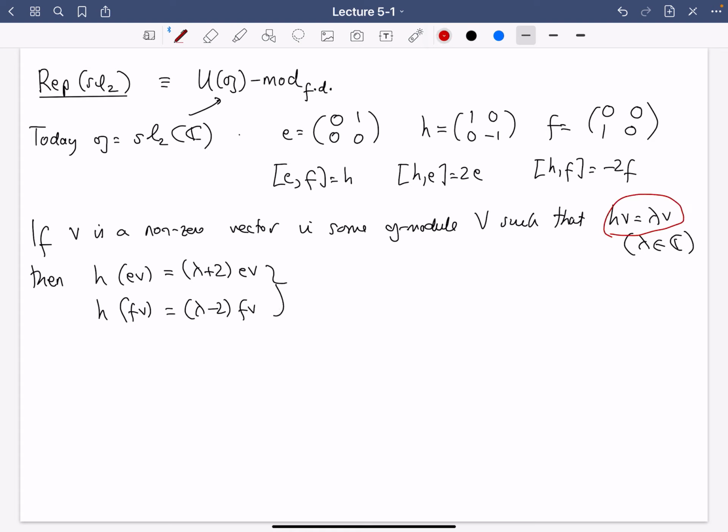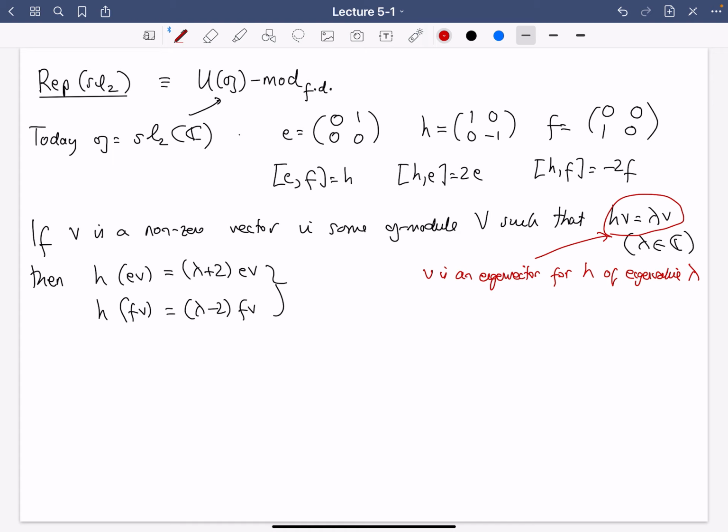Because this is just the equation to say that V is an eigenvector for H of eigenvalue lambda.